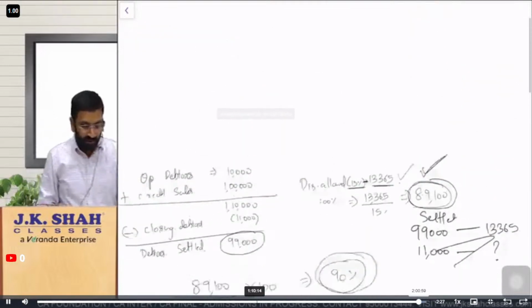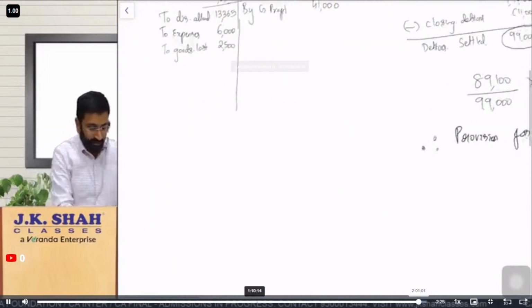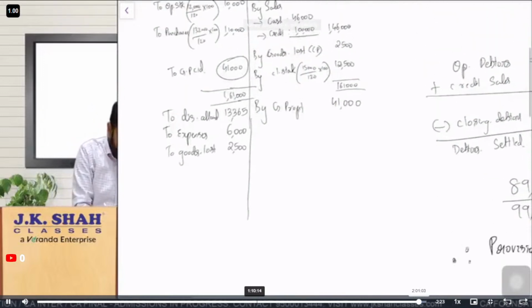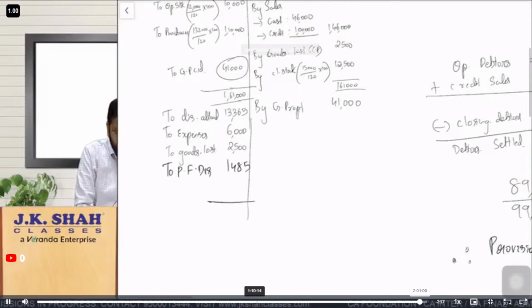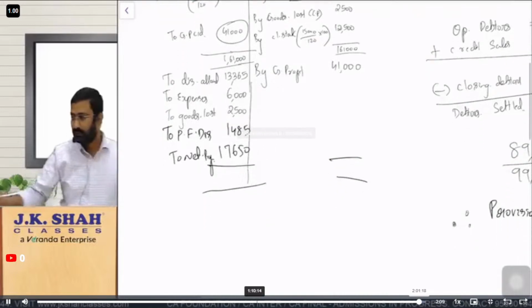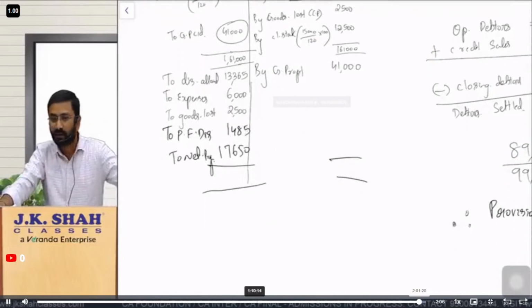Okay, so put this in P&L, to provision for discount 1,485. Can you tell me the final answer, guys? Net profit.